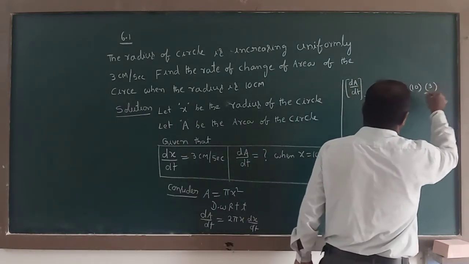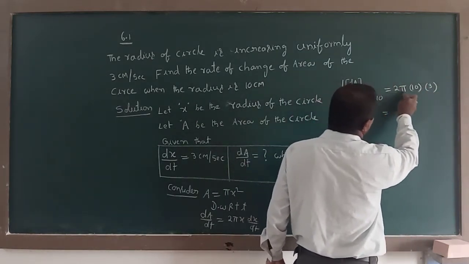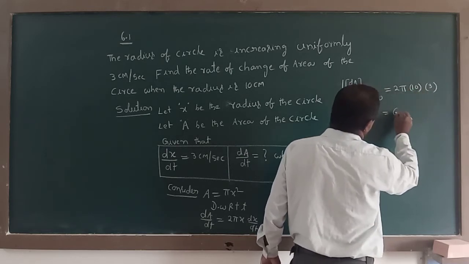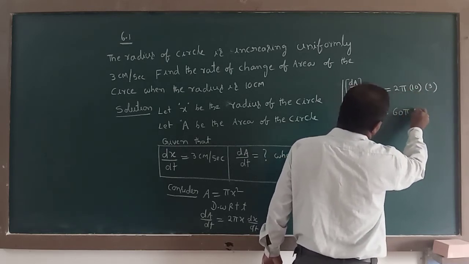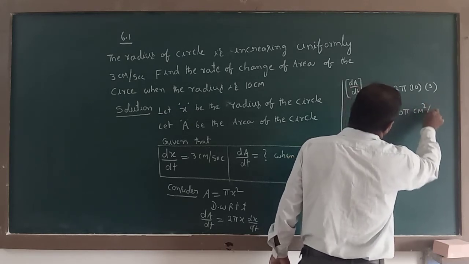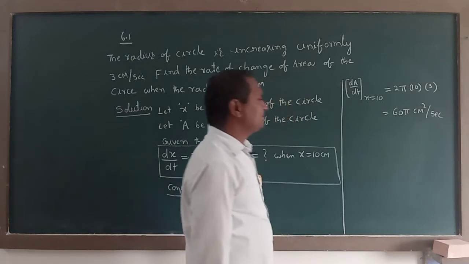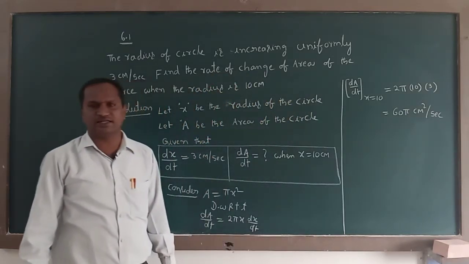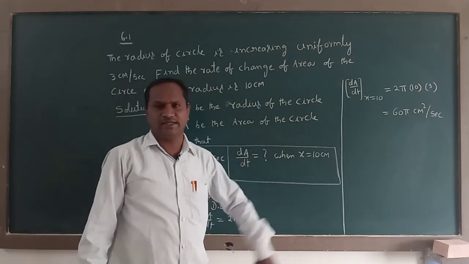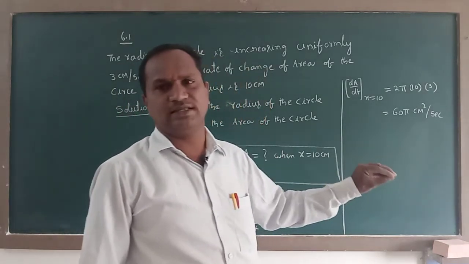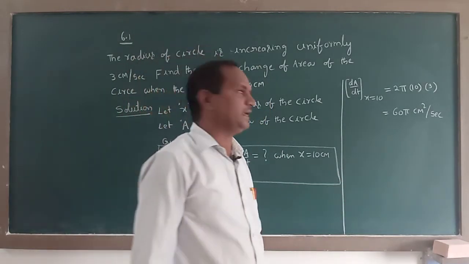On taking the product of all these things, we can write it is 10 and it is 20, 60 centimeter square per second, because the area is always measured in square units. After getting the answer on area, we must mention the units, that is centimeter square per second.